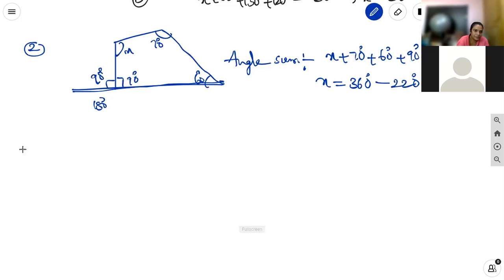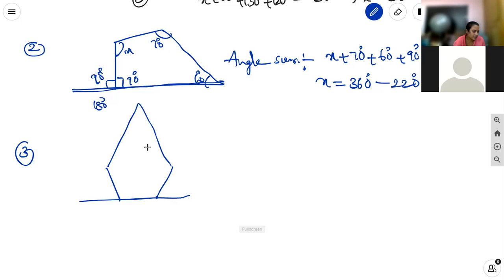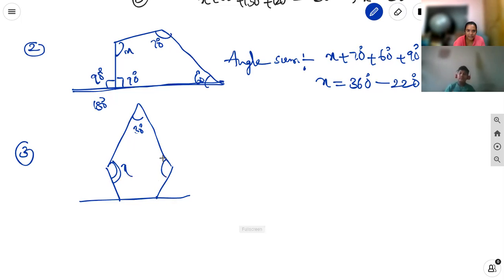Third question. It is a straight line. These two are equal and these two are equal, so this is equal to 30 degrees. These should be x each, and the exterior angles are 70 degrees and 60 degrees.